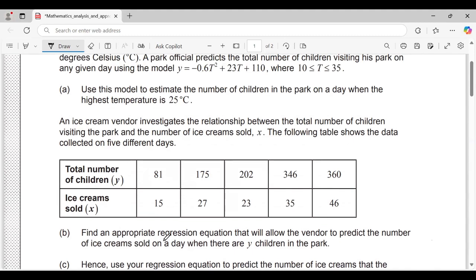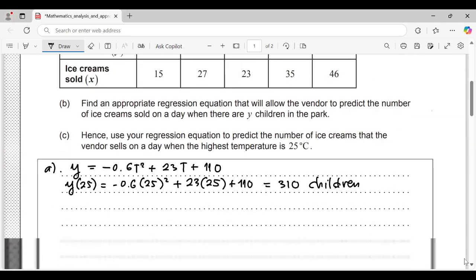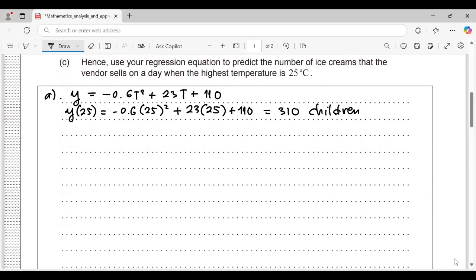Find an appropriate regression equation that will allow the vendor to predict the number of ice creams sold on a day when there are Y children in the park. So we need to create the table first.